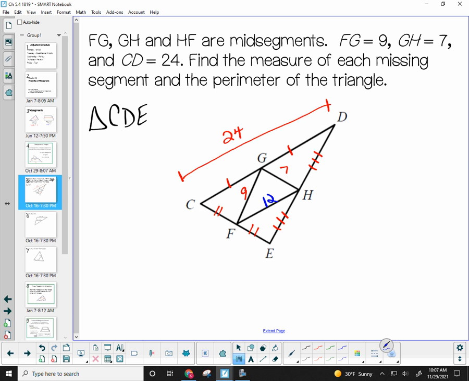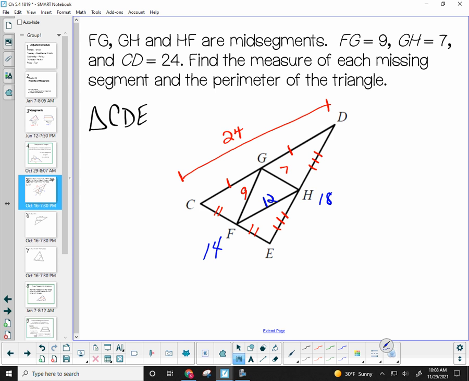12. Good. All right, so now let's look at side CE. It's the third side to which mid-segment? The 7, right, or GH? So if GH is 7, what does CE have to be? 14. And then what does ED have to be? 18, because we have 9, and so this would have to be 18.